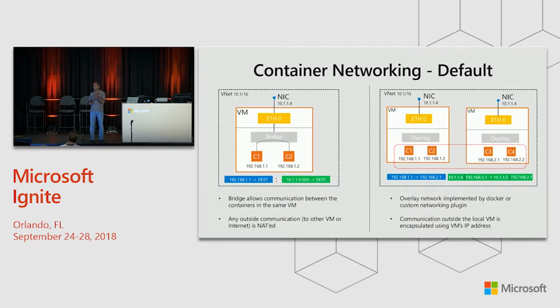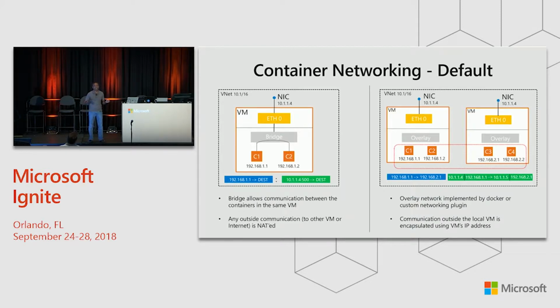And every time a packet goes out, they do an encap. Look at how the blue packet now turns into the green packet: 192.168.1.1, which was the IP address of the container that belongs to the overlay network, is encapped with the IP address of the VM, which is 10.1.1.4. Why is that happening? That's because 192.168.1.1 is not a routable IP address.